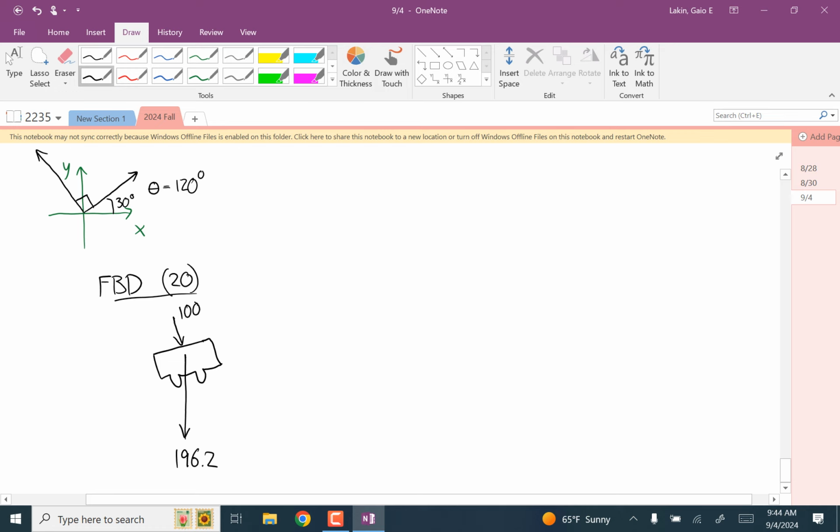There's a 100 Newton force like that. A normal force from the ground, I'll call N20. And then there is the pushing force applied by the 50 kilogram cart, and that has to have the same name as the other one.